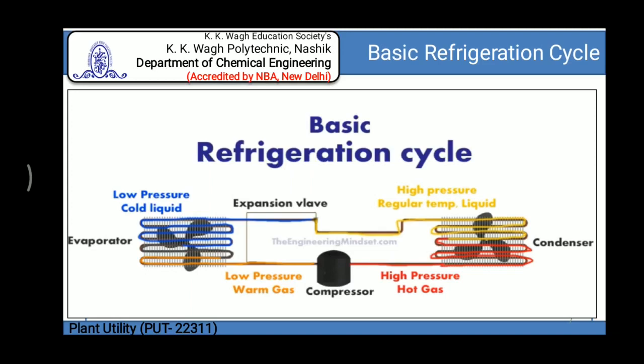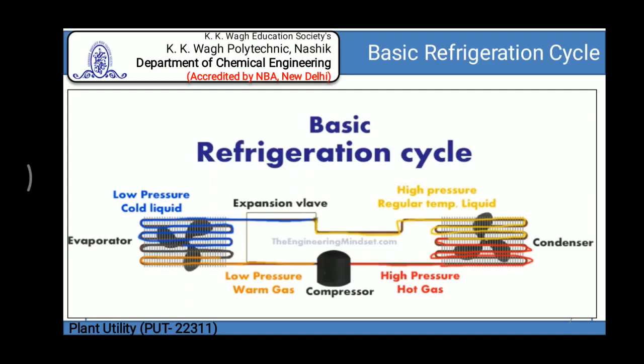This is actually a small thin copper tube which is referred to as a capillary tube, and these are also called thermally controlled diaphragm valves. The metering device regulates the amount of refrigerant going into the evaporator.